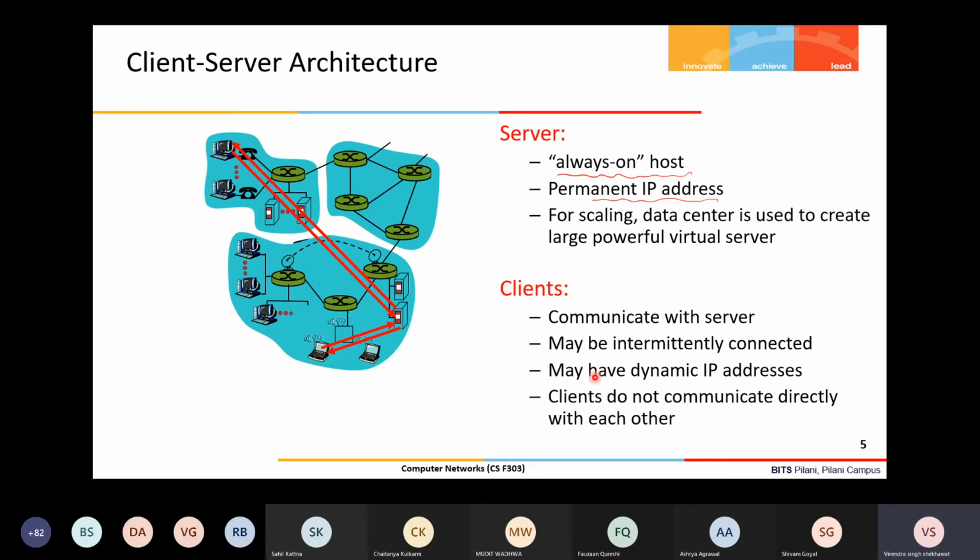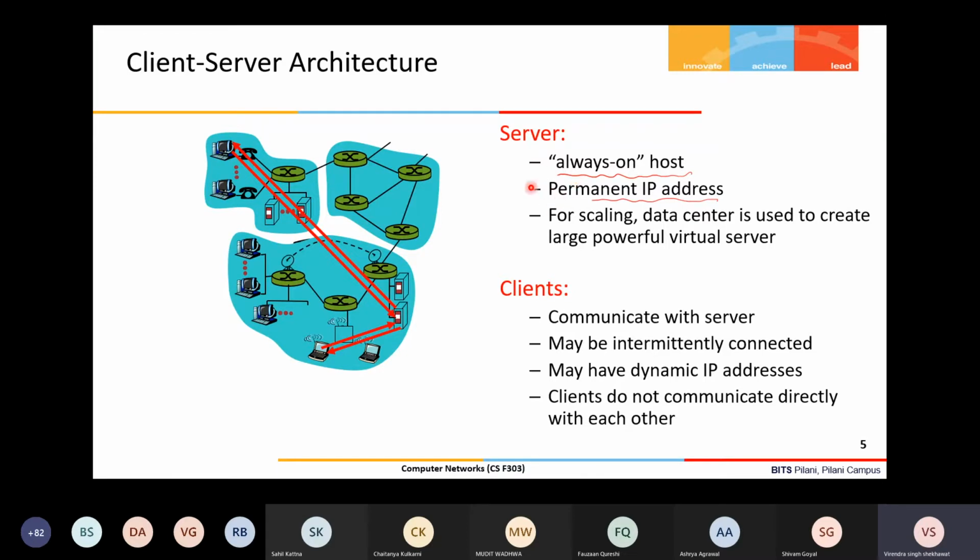They can have a different IP address, a dynamic IP address. The server-side IP address should be permanent, because that should not change very frequently, like every 10 minutes or half an hour the server-side IP address is changing. You understand that? Suppose you want to communicate with your friend and your friend is changing number every 10 minutes, then it will be difficult for you, right? So how will the clients come to know that the server address has been changed?